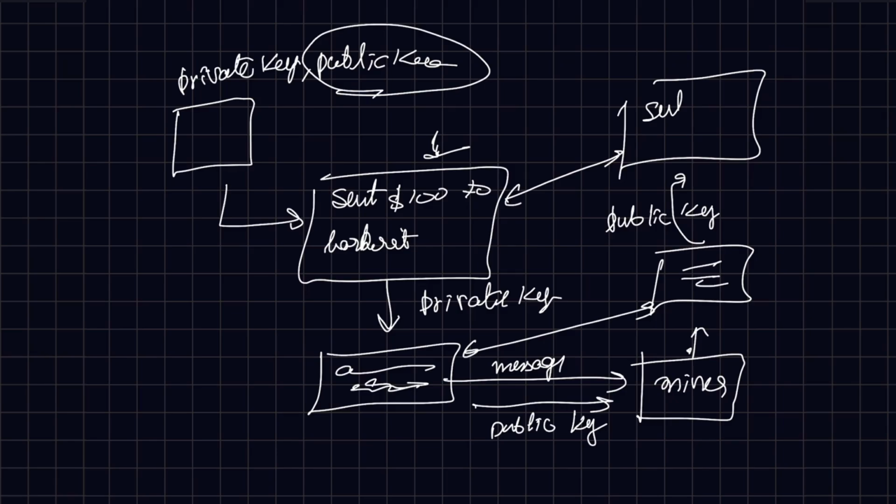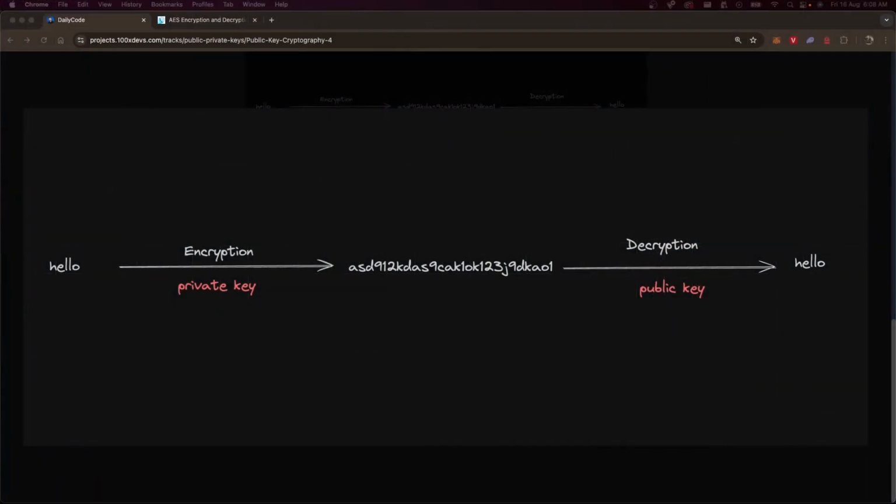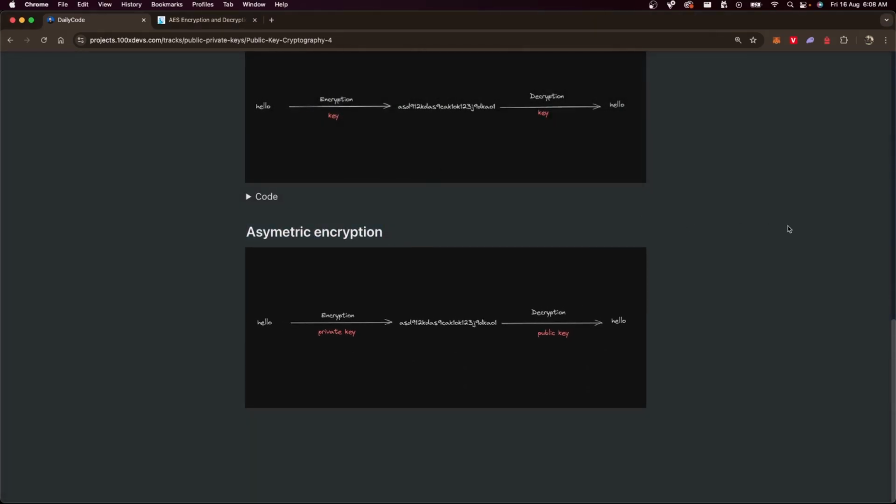Okay, send $100 to Harkirat. That way, a miner can be sure that the message I have just received indeed came from Harkirat, because the signing was done by the same private key corresponding to this public key over here. That is why you want to use asymmetric encryption in case of blockchains.